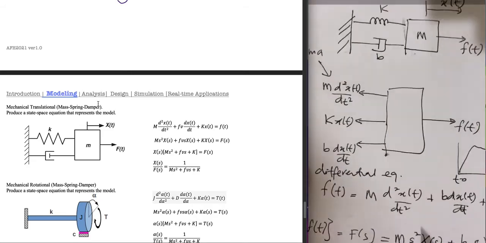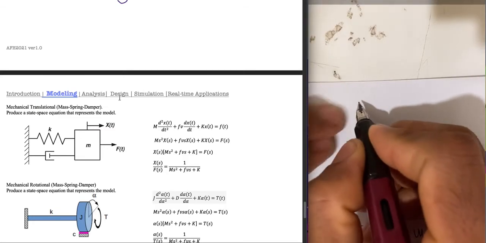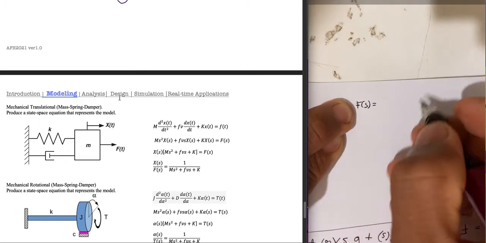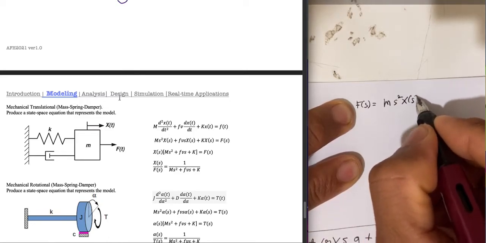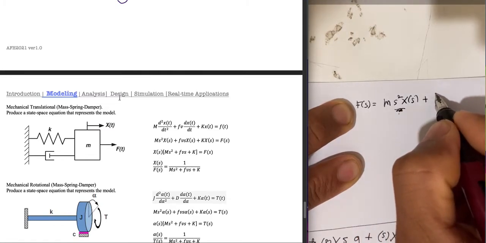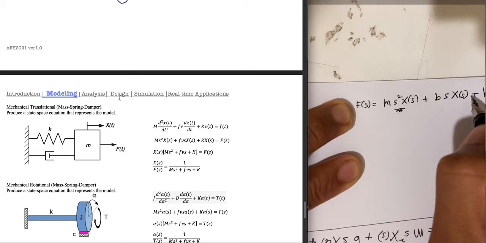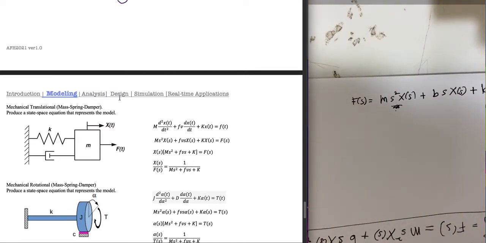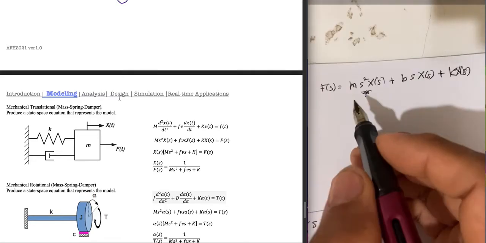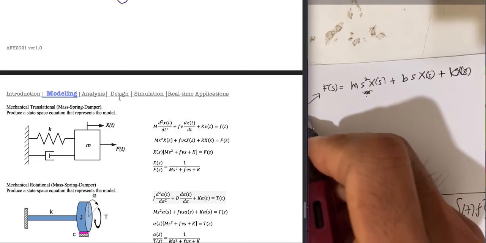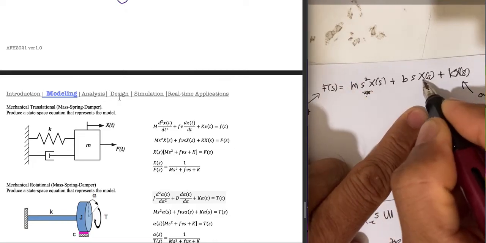So we have F(s) equals m s squared X(s) plus b s X(s) plus k X(s). We know that F(s) is the input and X(s) is the output.